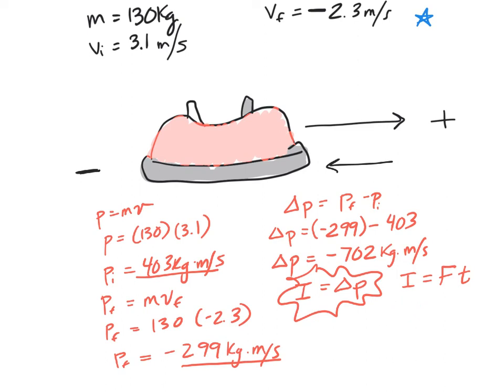Our impulse, negative 702, equals our force, which we don't know, times our time, 0.4. So we're going to divide by that 0.4, and we get a force of negative 1755 newtons, which is quite a jolt there.